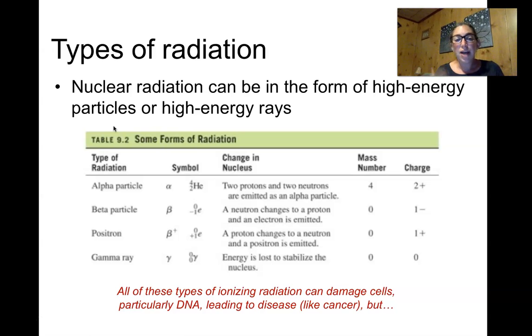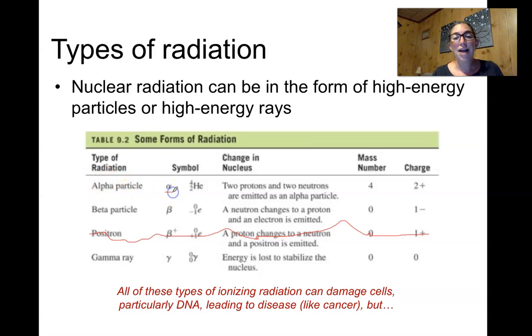So there are a few different types of nuclear radiation. We're going to focus on 3 of them, so I'm not going to talk about positron emissions. We'll cancel that out there. All right, so the 3 types that you should know are alpha radiation, or alpha particles.